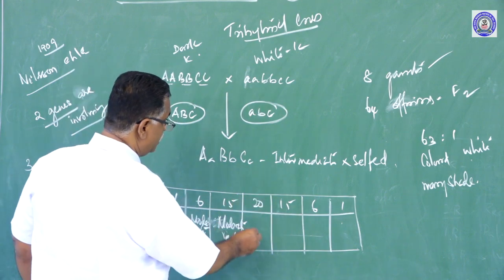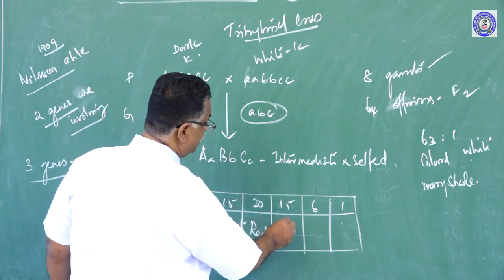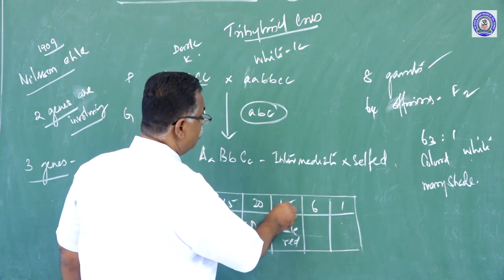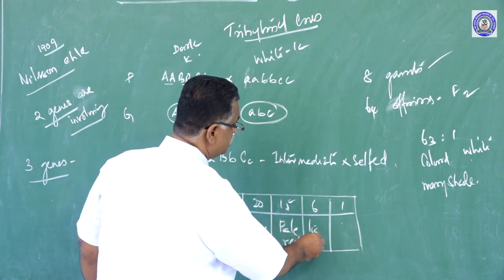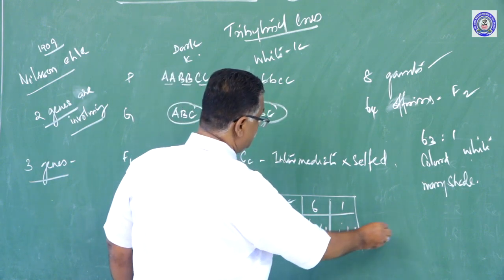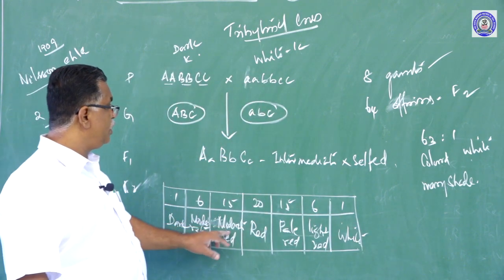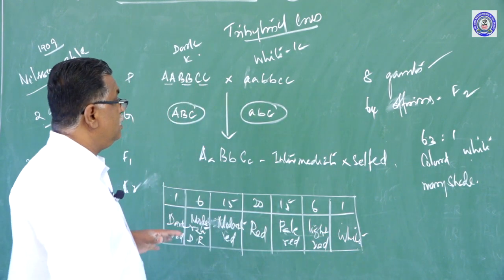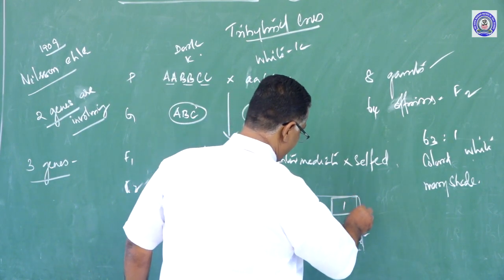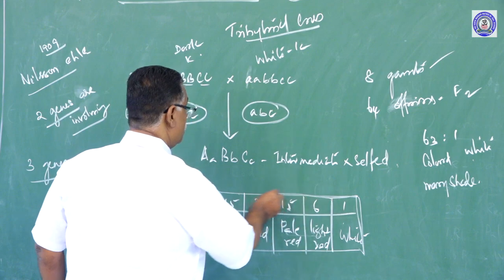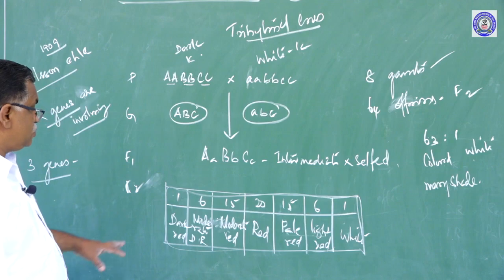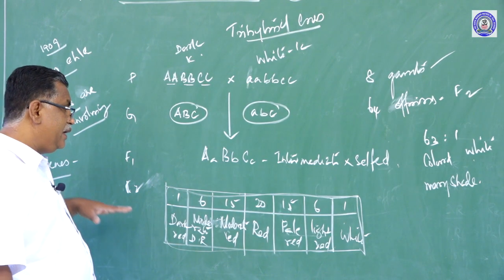The 20 is a pale red, 15 are pale red and light red, 6 are light red, and 1 is white. So in the tribrid cross he observed 7 types. Out of the 7, only 1 is a colorless grain, and 6 varieties have the red color in different shades.